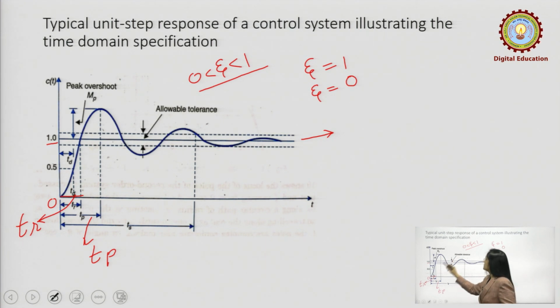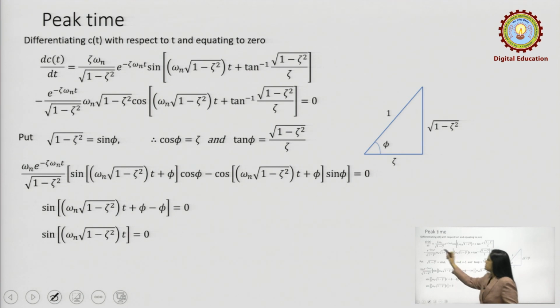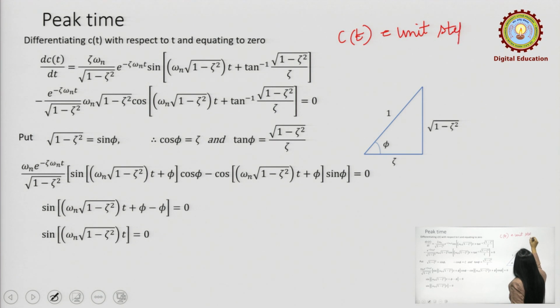These oscillations occur because this response is for the damping ratio lying between 0 and 1, and therefore, the peak time is obtained by the relation dC(t) by dt, when you differentiate C of t, the expression C of t, the unit step response of a second order system.